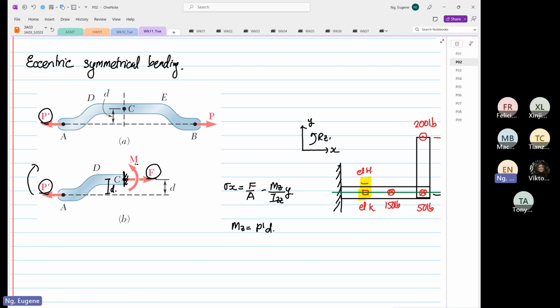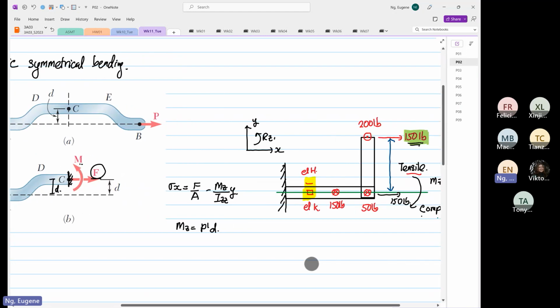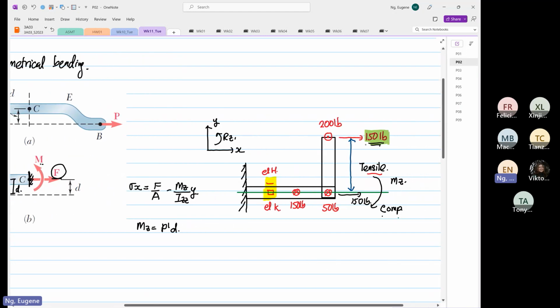So for our case over here, the 150 will cause a moment due to a distance away from the centroid, which is 10 inches. And then the 150 will also induce an axial load. A lot of times students only think it only induces a moment. You have to be really, really careful, because the 150 is inducing eccentric symmetrical bending.